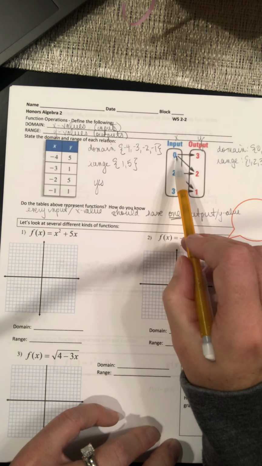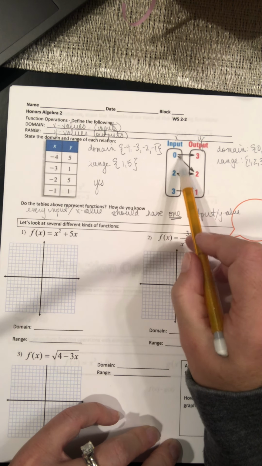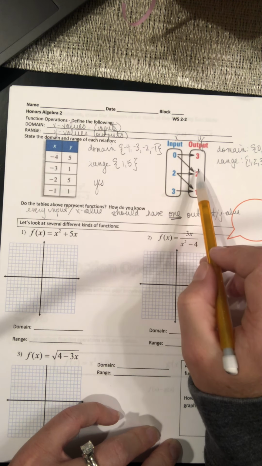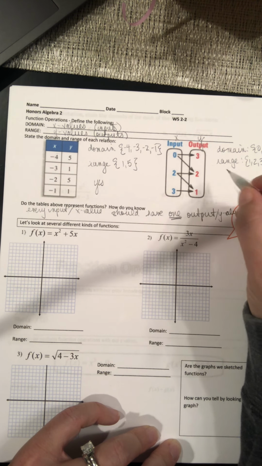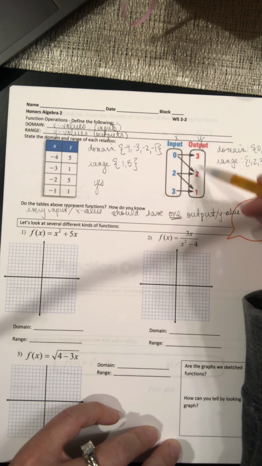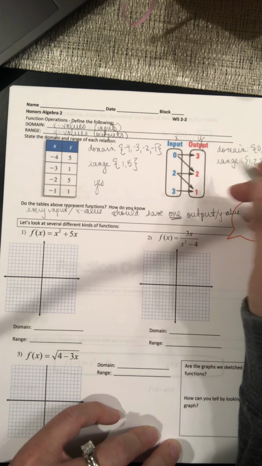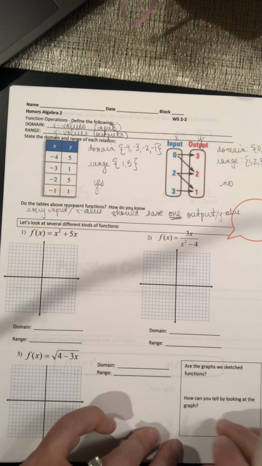This one, 0, has two different outputs, okay? So if I were to plug in 0, it would give me two different answers, which is not a function, okay? If I were to graph it, the 0 would have 2 points plotted, which means it would fail the vertical line test, like we did earlier, okay? So this is no, right?